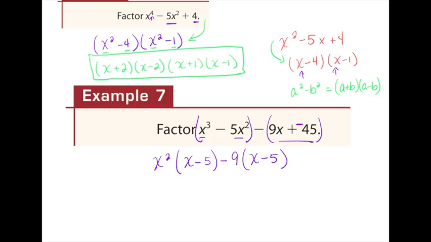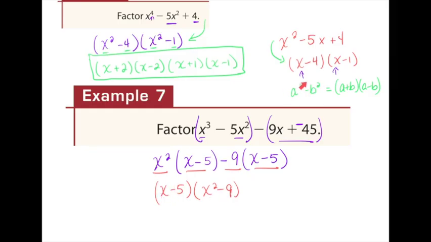All right? And so then I can factor this by grouping because these are the same. If those are not the same, you will not be able to factor by grouping. You'll have to do like your synthetic division or something. But if they are, you can factor by grouping. I have x minus 5 in common, and what's left over is x squared minus 9. Am I done factoring? So if you look at this, this is as small as it can get, but this guy is just what we had up here.